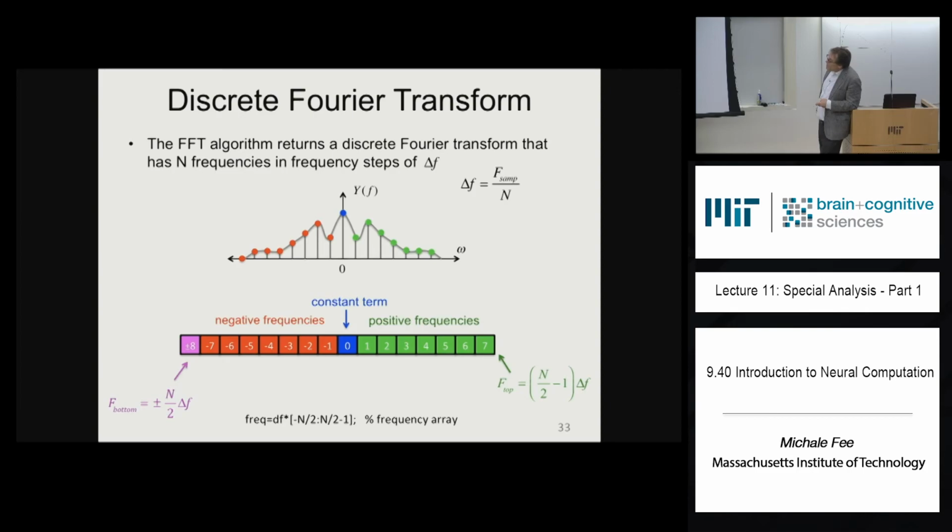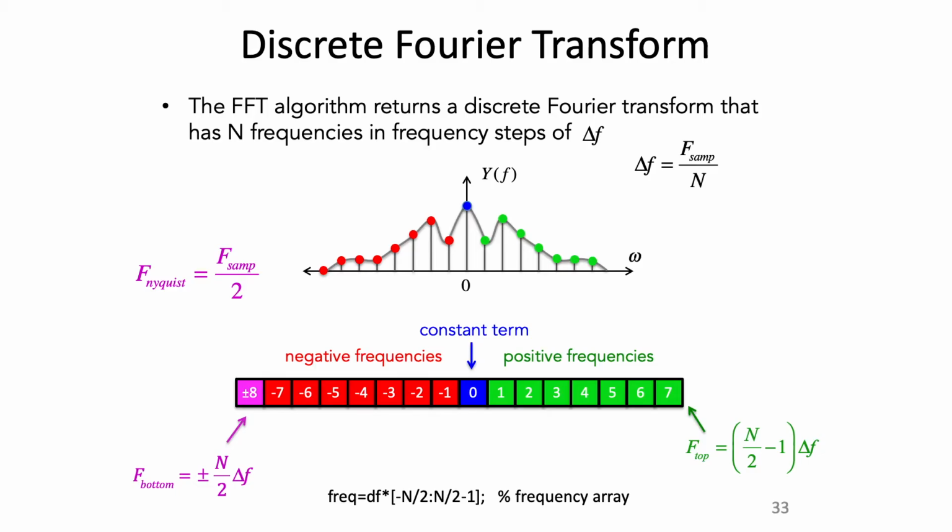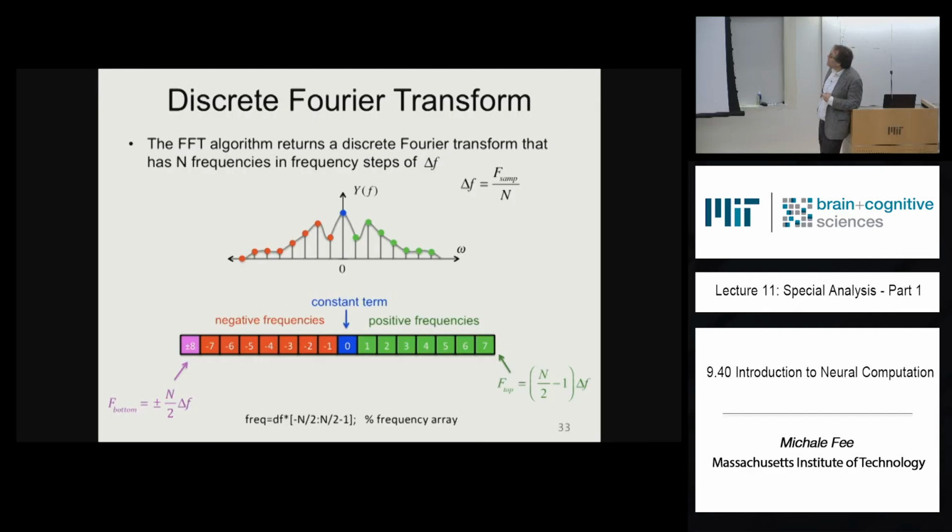The minimum frequency is minus n over 2 times delta f. I should say, it returns the Fourier components in steps of delta f, where delta f is the sampling rate divided by the number of time steps that you put into it, okay?